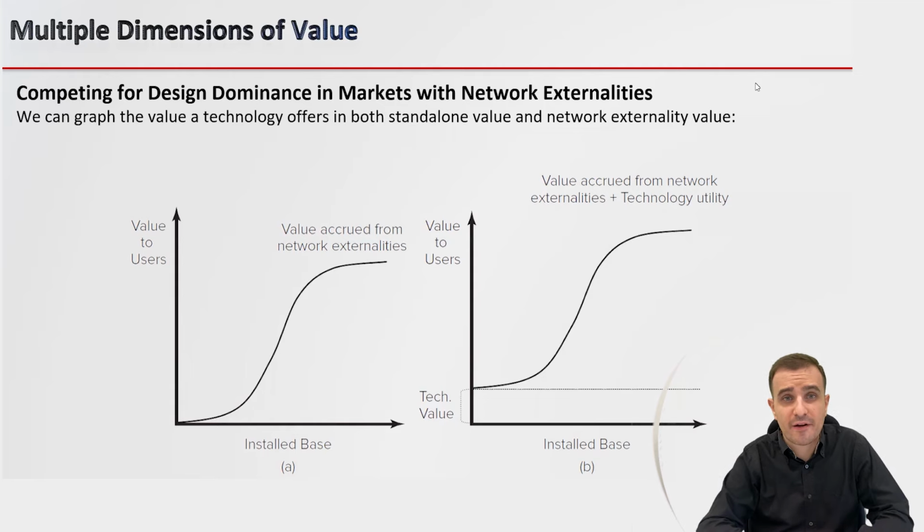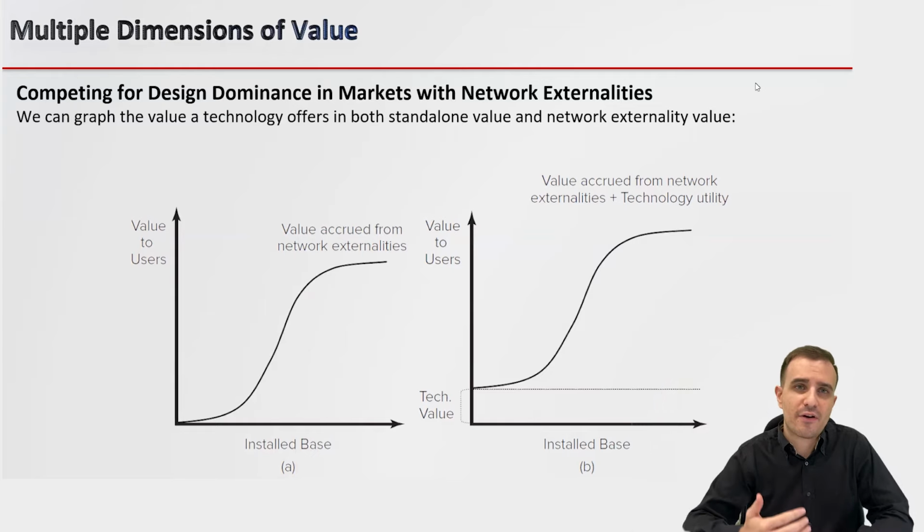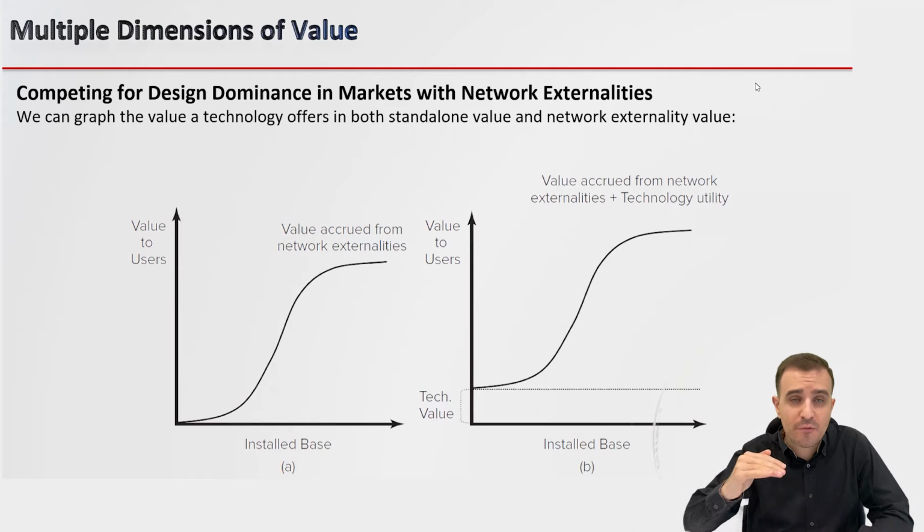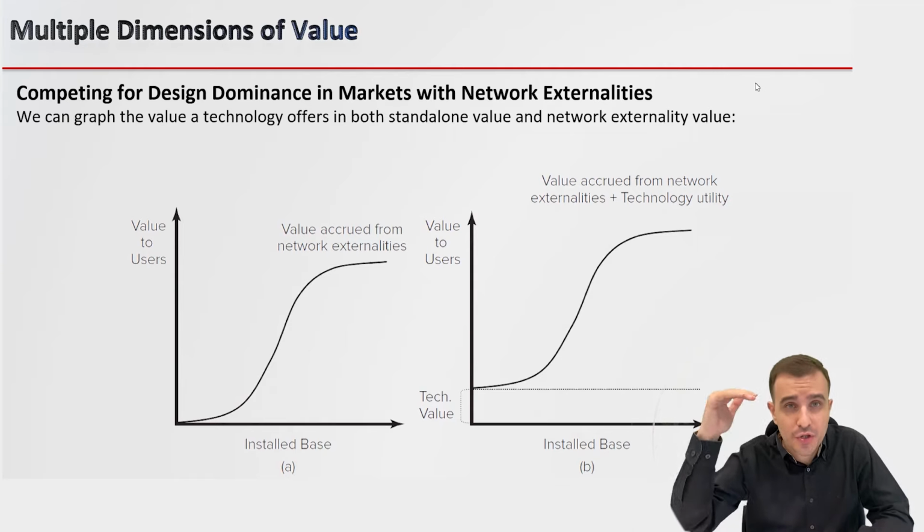We also have graph B. What story does graph B tell us? The story that graph B tells us is that in case we have a higher, a greater technology utility, the standalone value of a technology, this will automatically shift our value curve up.